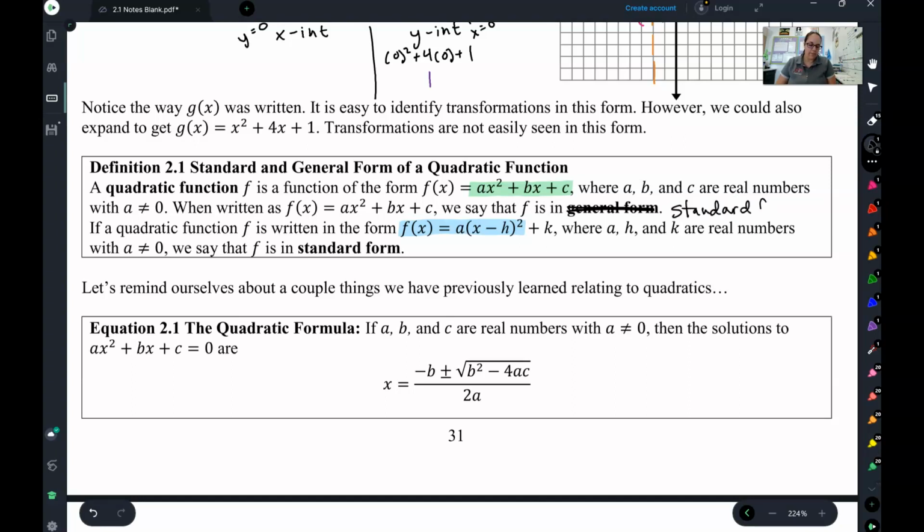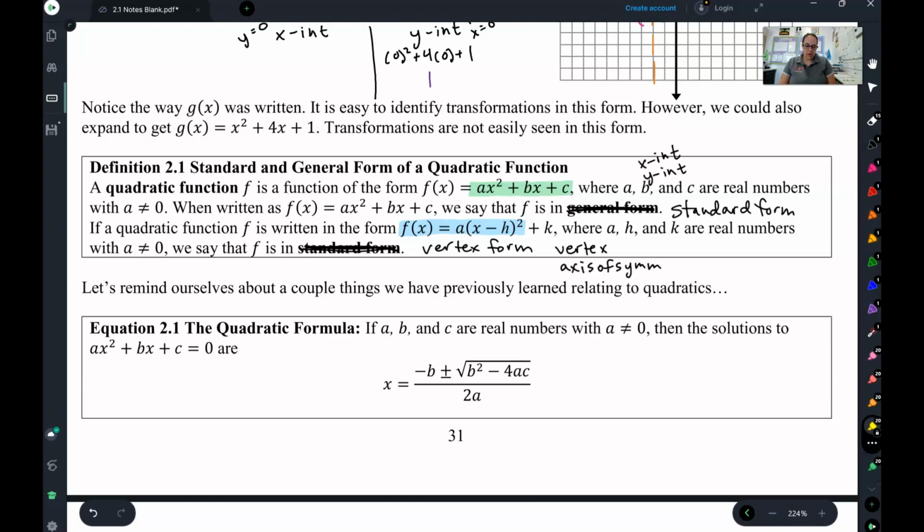There we go. Sorry, guys. And this is my vertex form. So, once again, summary. Vertex form is good for finding your vertex and your axis of symmetry. Your standard form is good for finding your x-intercepts and your y-intercepts.